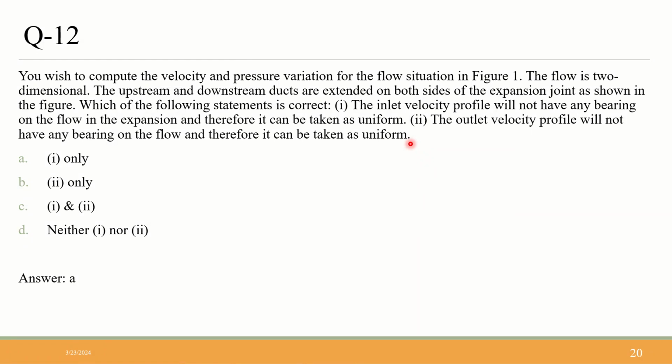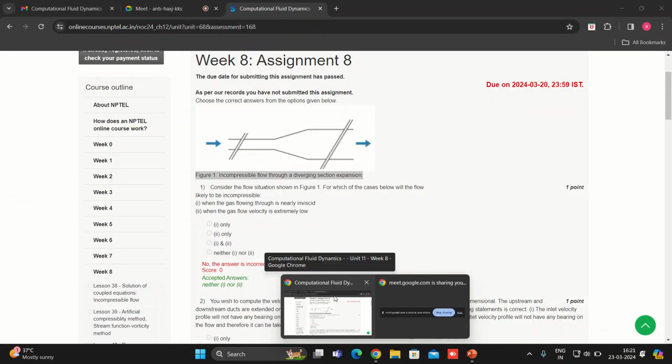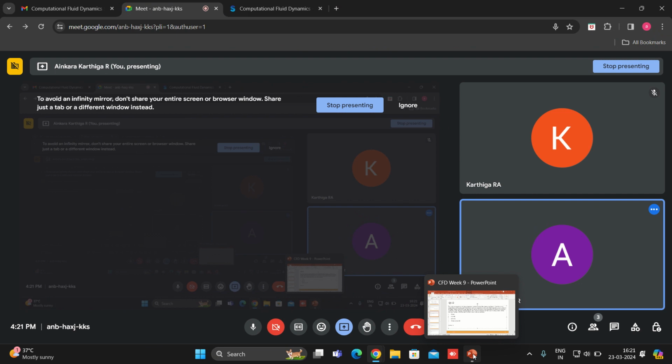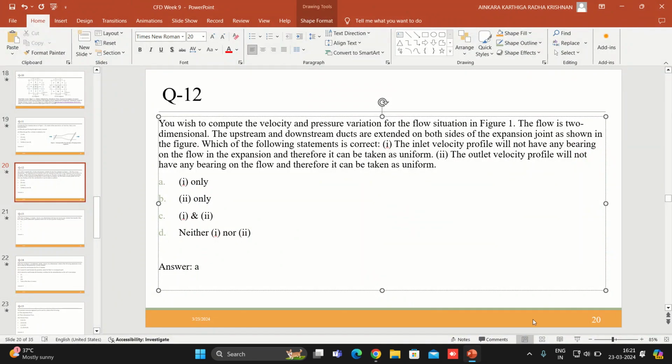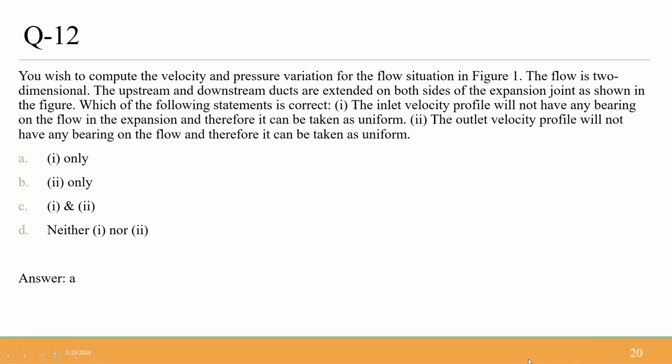What does the first statement mention? The inlet velocity profile will not have any bearing on the flow in the expansion.